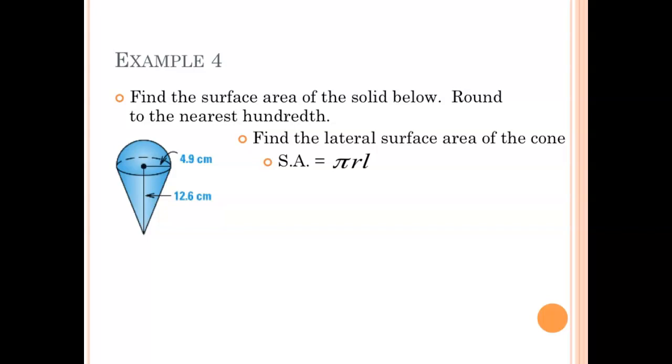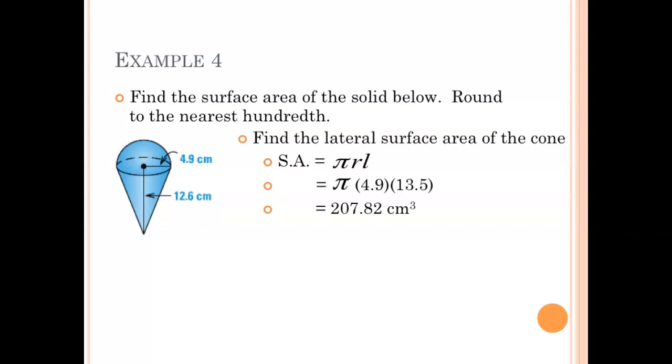So you would do 4.9 squared plus 12.6 squared, and that would be equal to c squared. And whatever c is, that's your slant height. In this case, it would be 13.5. So this is equal to pi times 4.9 times 13.5, and that comes out to be about 207.82 square centimeters.